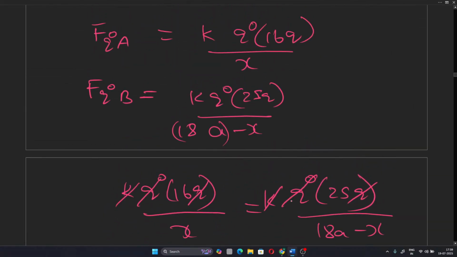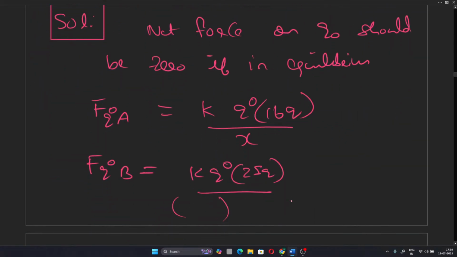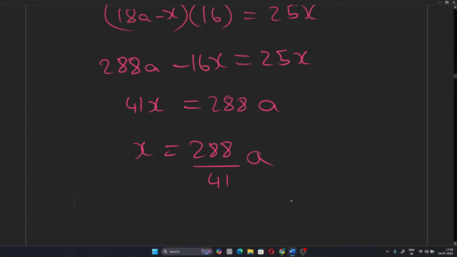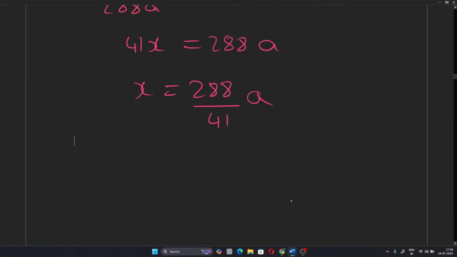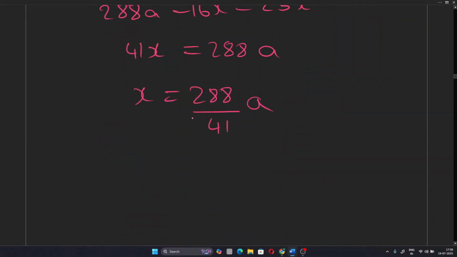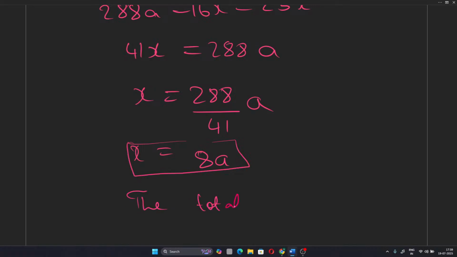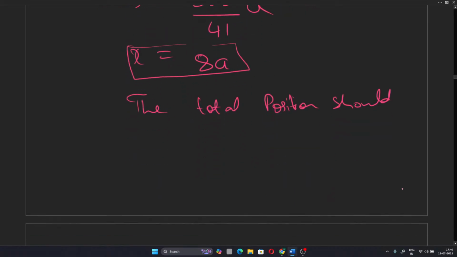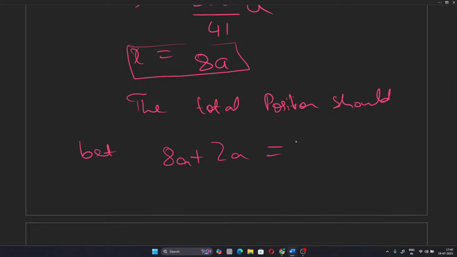Okay, x should come to be around 8a. So the total position should be at 8a plus 2a, that is 10a.